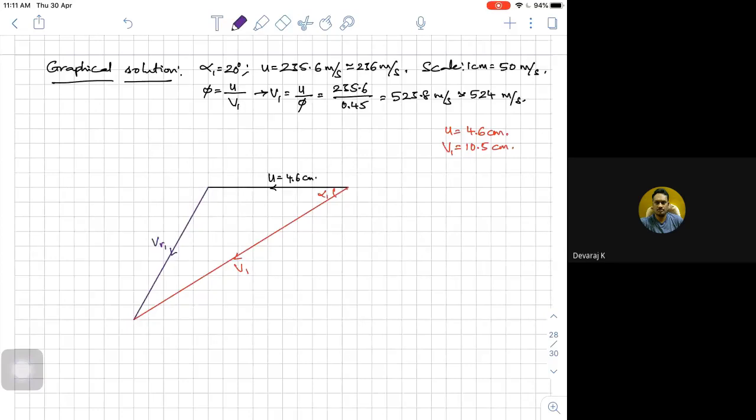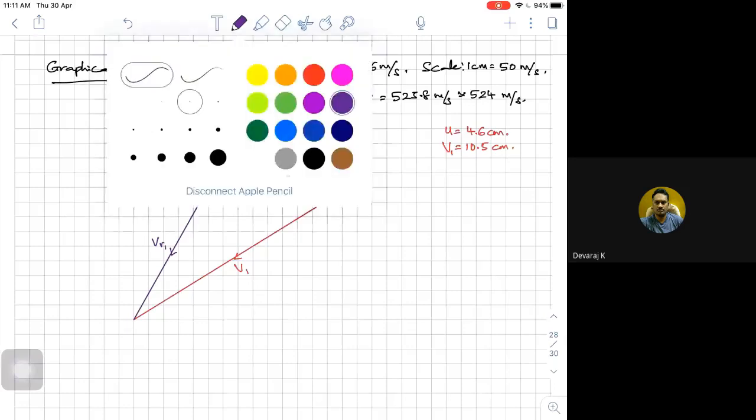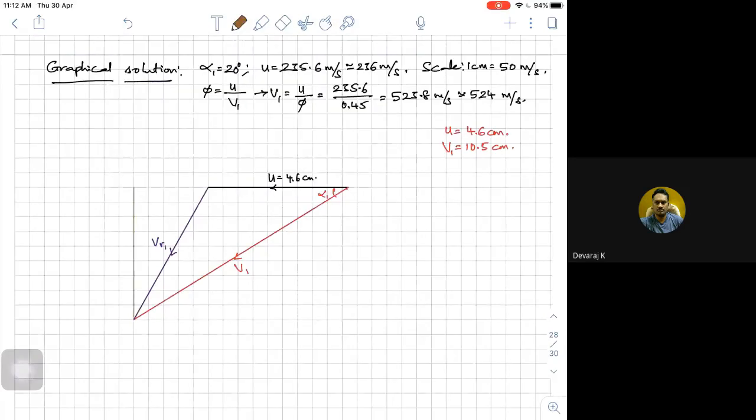I can close it by drawing a vertical line from here and a horizontal line from here. These should be exactly perpendicular. This will give my VF1, and you measure from this point to this point. This should give your VW1.